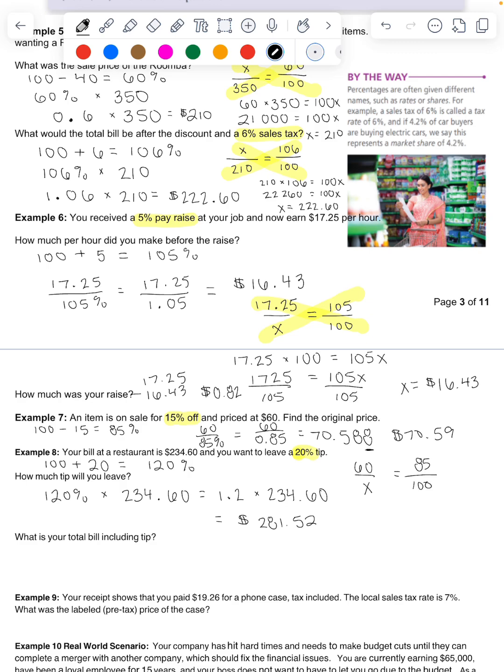Hopefully at this point you're noticing that when I'm going to put things on my calculator, I am never putting the percent. I always have to convert the percent into a decimal before I put it in my calculator. The exception here is when I'm writing it in the proportion, I'm not converting this 85 into 0.85 because I already have written it over 100.